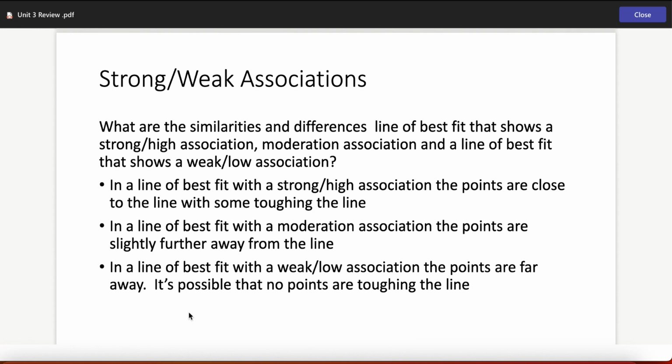Just to clarify, when you draw a line of best fit, it doesn't matter if it's a positive or negative direction. If it's strong, the scatter plot points are close to the line. And if they're far from the line of best fit, it's a weak association.